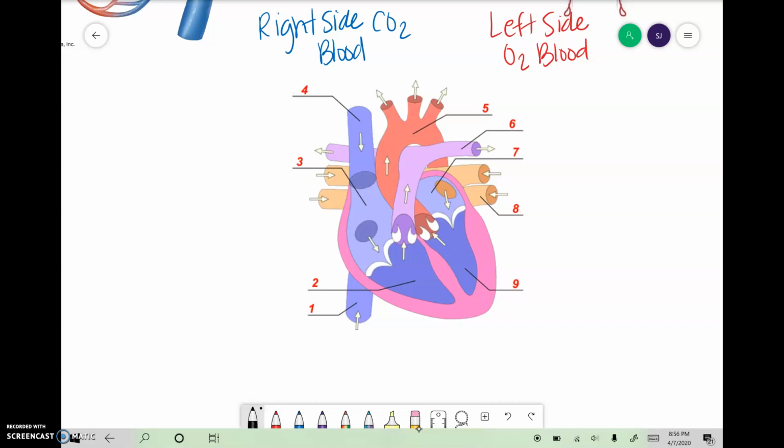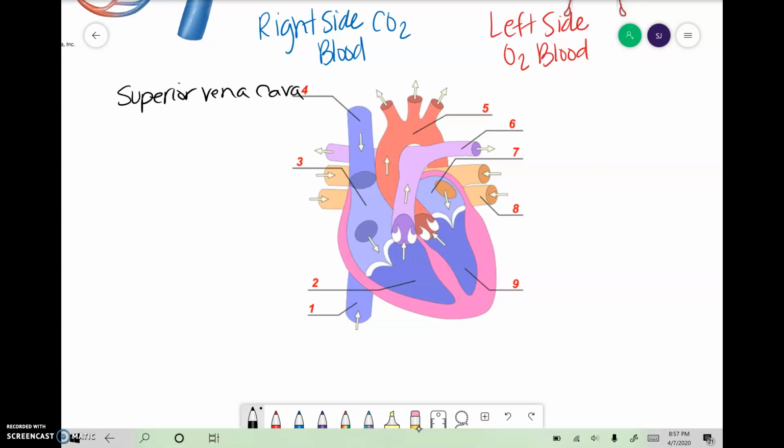Okay, so I always like to start my party on the right side. The right side is carrying that dirty blood. It's traveled all the way around the body, and we are getting ready to oxygenate it. Okay, so this starts with a blood vessel. We have the superior vena cava, and vena cava meaning vein.